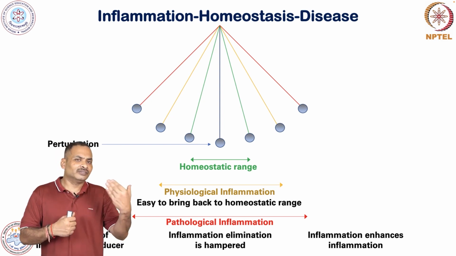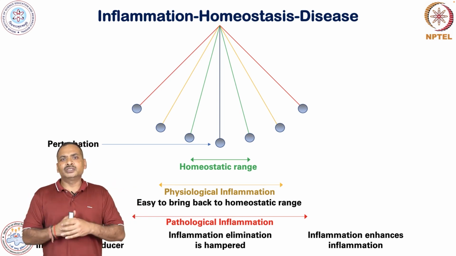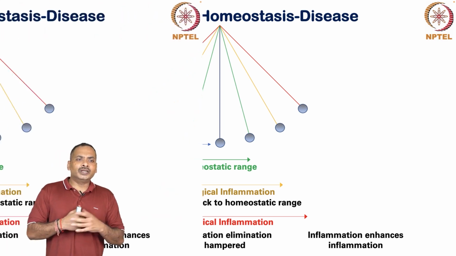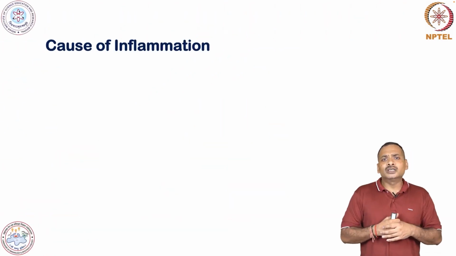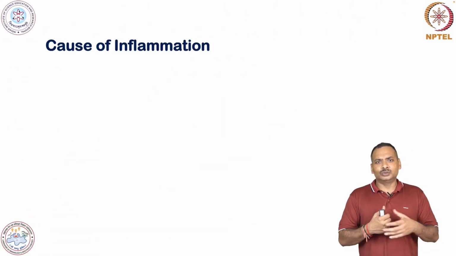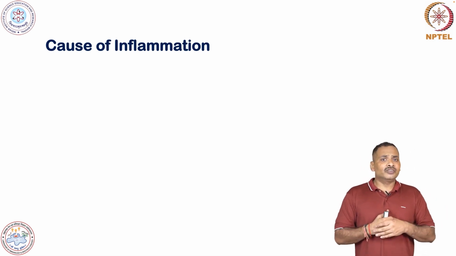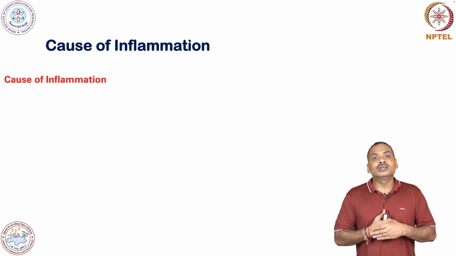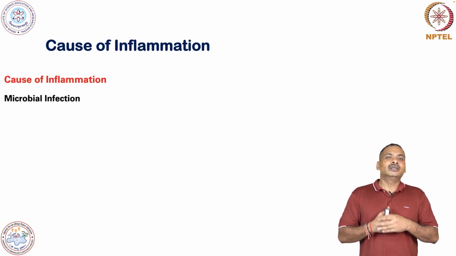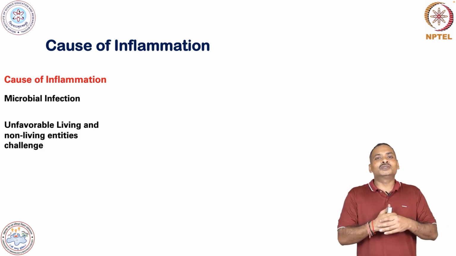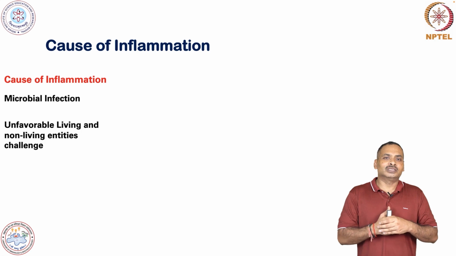Now let us look at the causes of inflammation. I have told you, but here I am giving it in a tabular or content form. One is microbial infection, which we have discussed at great length in this session. Another could be unfavorable living and non-living entities. Not all microbes are pathogens; some are non-pathogenic.